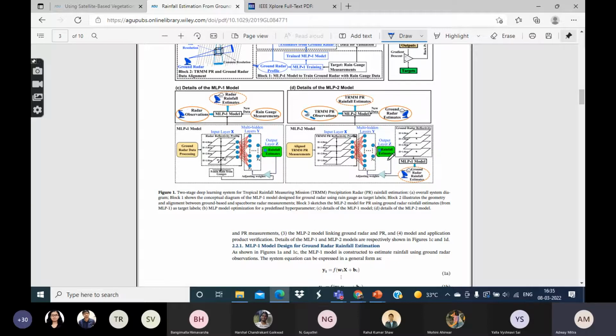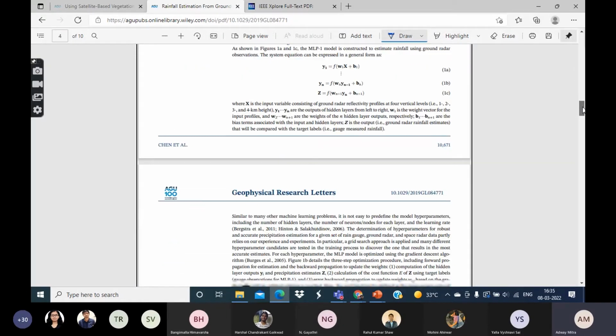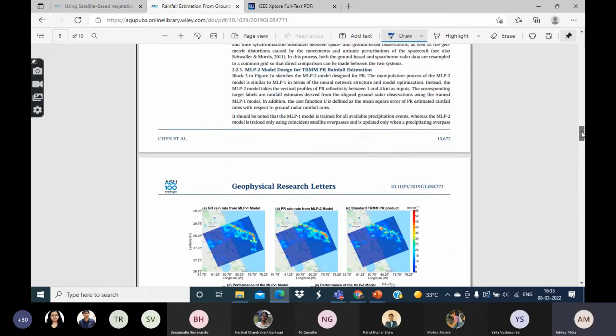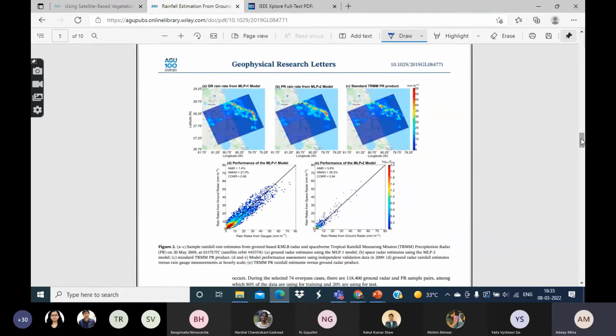And apart from it, there are also the rainfall estimates which are obtained from the TRMM data products. So using these two things as the ground truth, they adjust all the weights of this MLP2, which is just like MLP1, a multi-layer perceptron. That is, they have a certain number of hidden layers, all of which are fully connected, and so that is what they do.